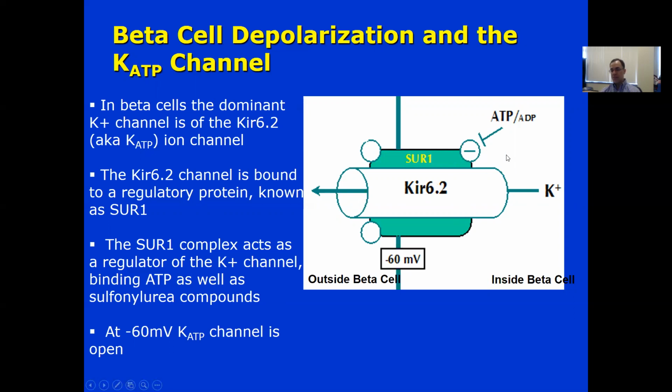When ATP levels are high, that's when the Kir6.2 channels are going to close, to trap potassium in the cell. So at resting membrane, in between meals, when your blood sugar level is below 100, this ATP sensitive potassium channel is going to be open, allowing potassium to escape.